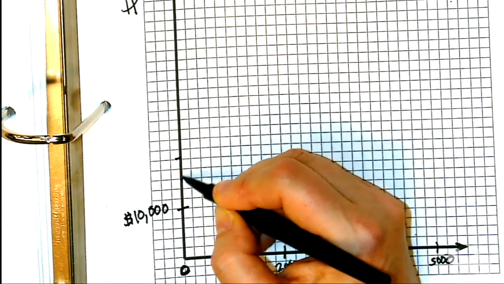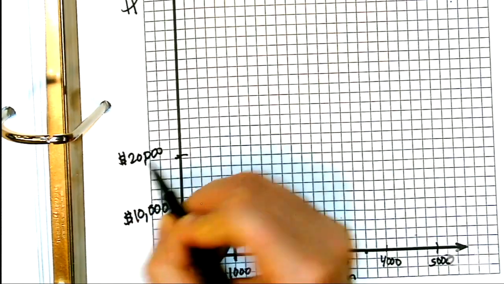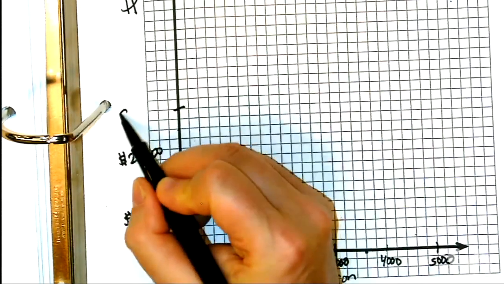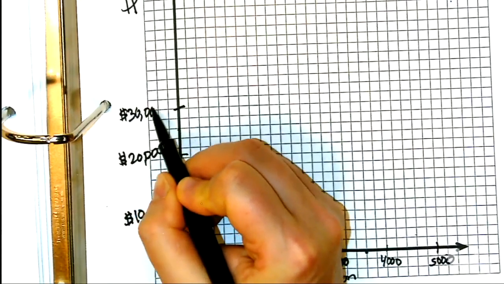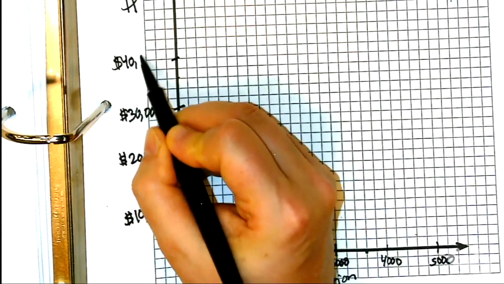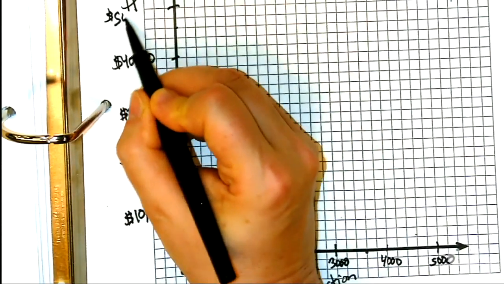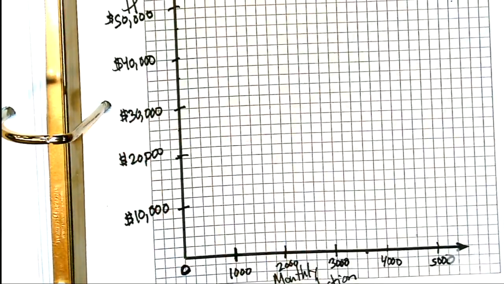So let's see, 1, 2, 3, 4, 5, there's 20. There's 30. There's 40.